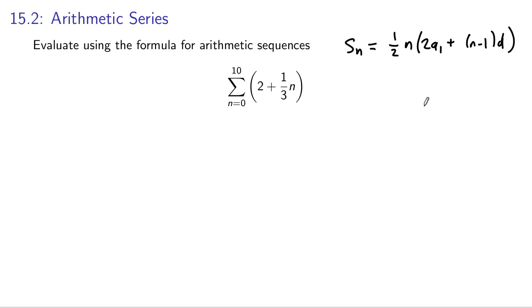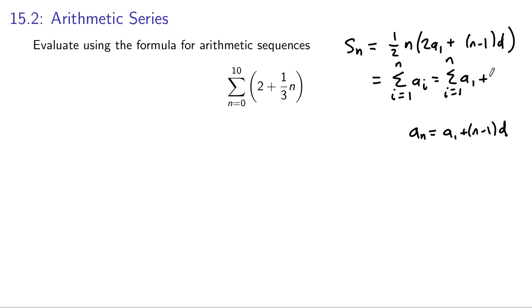Okay? And if we remember the general way the summation looks, S sub n is the sum from 1 to n of a sub i. And we can define the a sub i using the formula. Remember, a sub n is a sub 1 plus n minus 1 times d. So we can make a sub i equal, the sum from i is 1 to n of a1 plus i minus 1 times d.